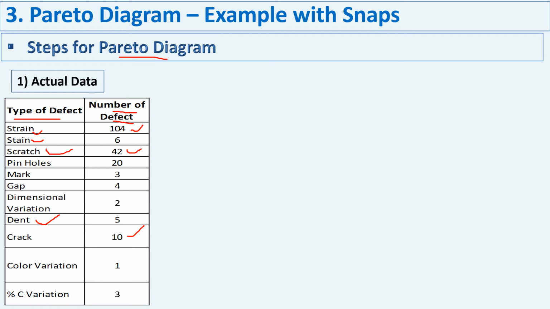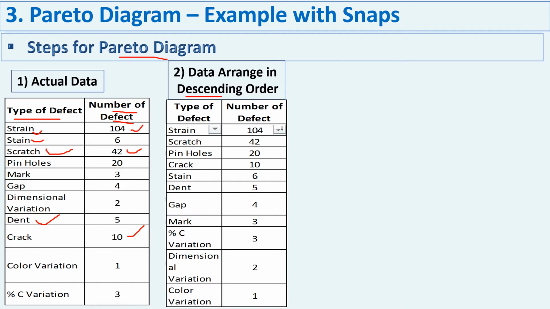This is the actual data. Then in the next step, we arrange it in descending order. Just apply one filter and arrange in descending order, highest first and lowest last.